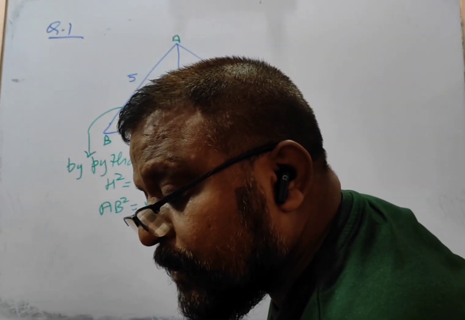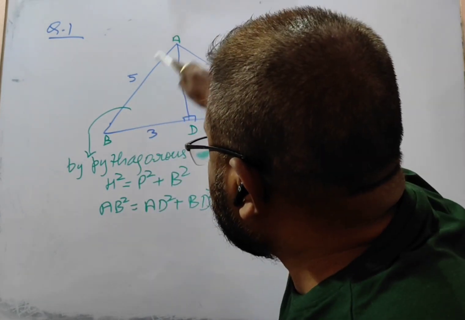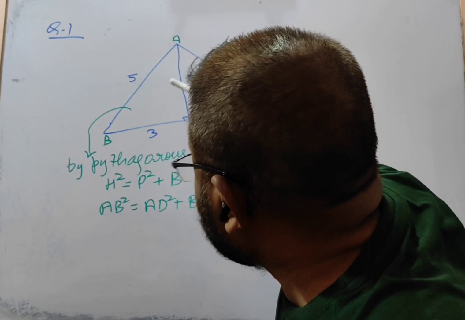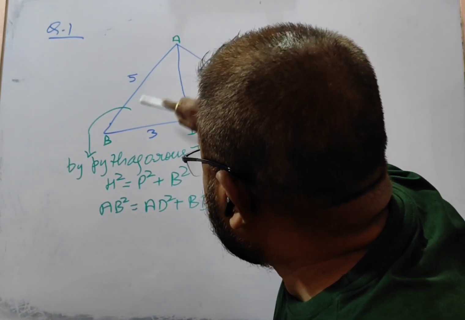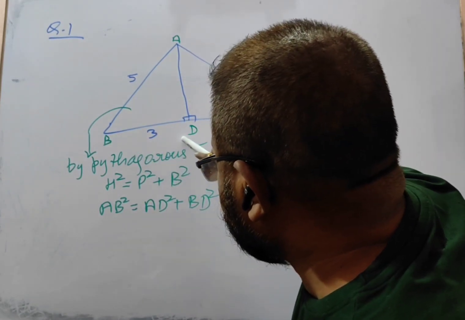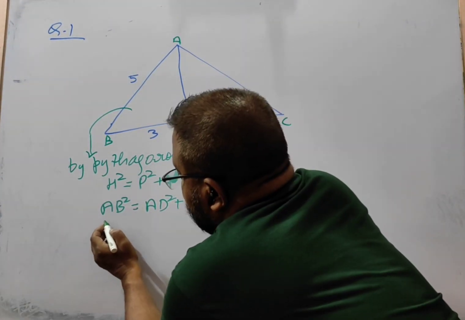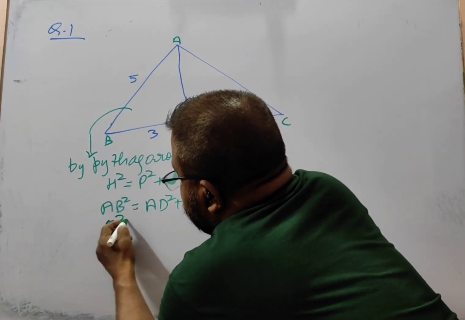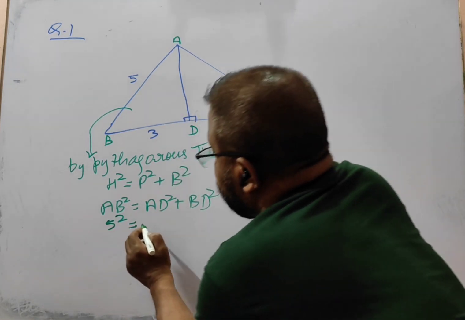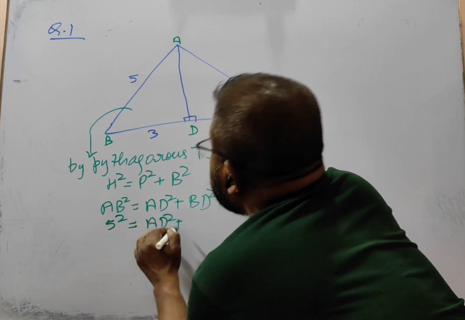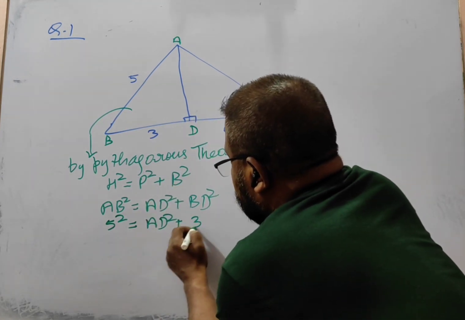There is AD. AB is 5, BD is 3. So AB is 5 square, and AD we have to find out. So AD square plus BD, which is 3 square. Right?